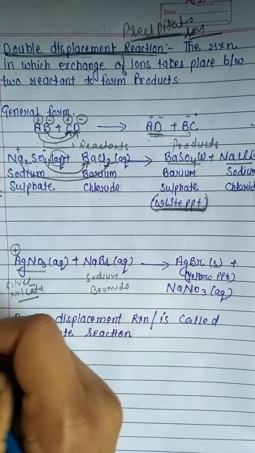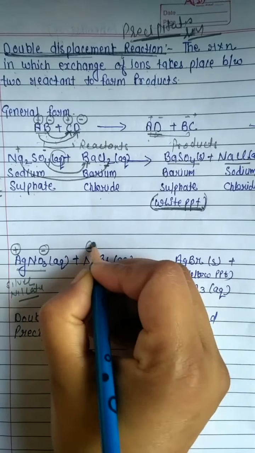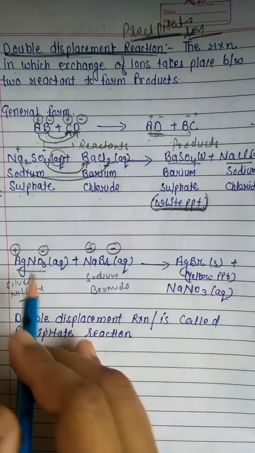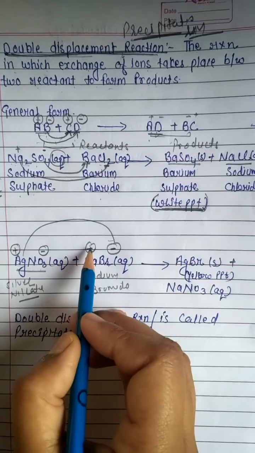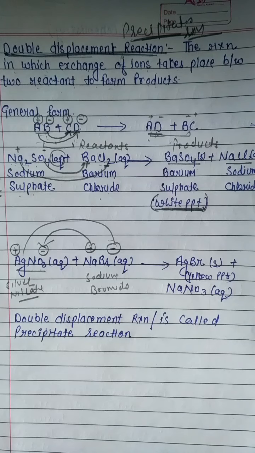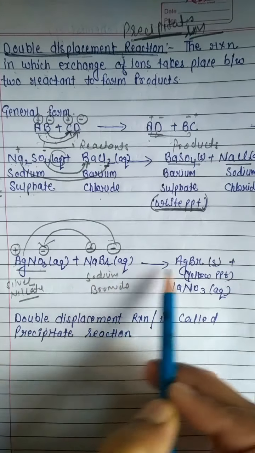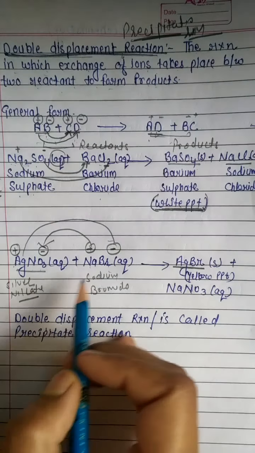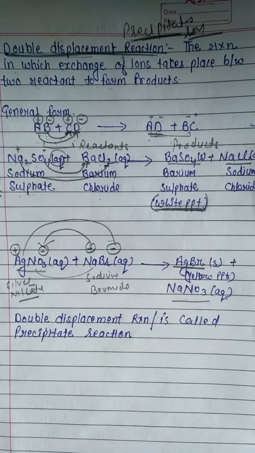Silver contains positive charge, nitrate negative charge, sodium positive charge, bromine negative. Positive moves toward negative. Now the two products are formed. Which ones? Silver bromide, and the second one, sodium nitrate.